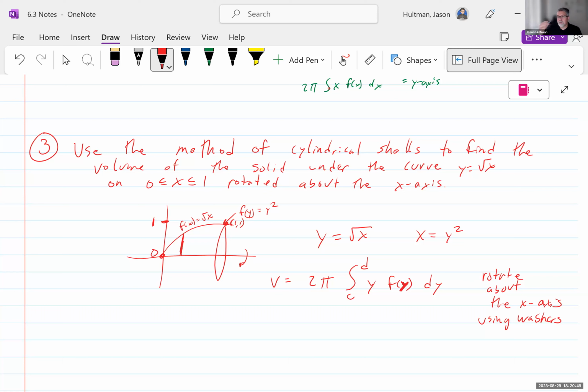Okay, get twice as much rotation. Okay, so we're going to go volume is equal to 2 pi from 0 to 1 of y, and what's f of y? Well, that's just y squared. Y squared.